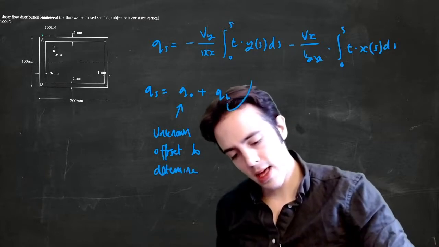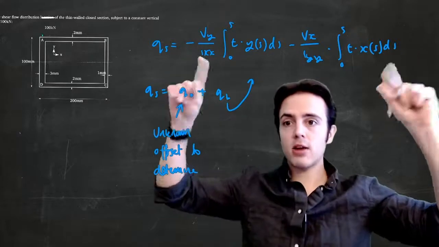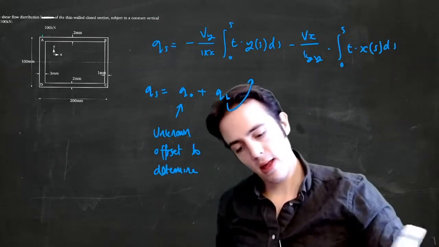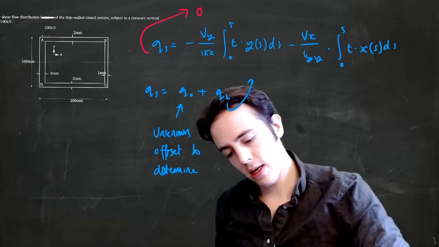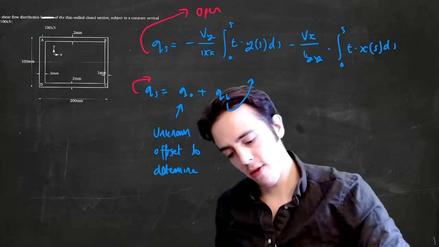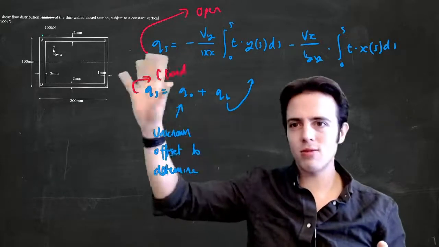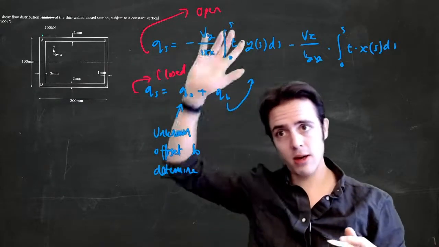And then qb is simply the basic or the open shear flow distribution. So it's this one up here. So let's just say this is for an open. This one is for a closed. Annoyingly, they're both called qs. That's the way that Megson calls them. I'm not going to argue on that.